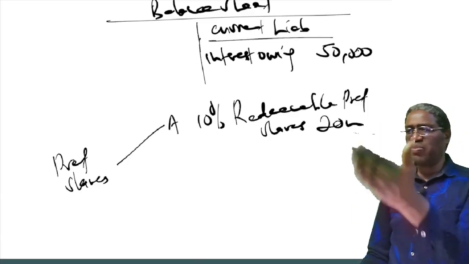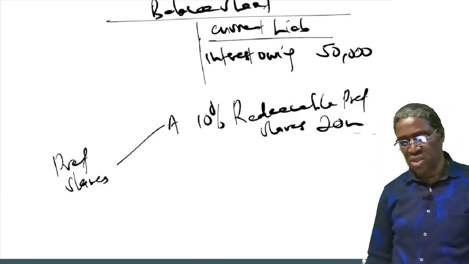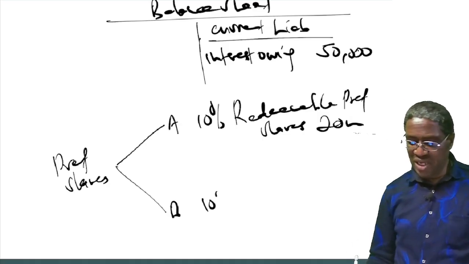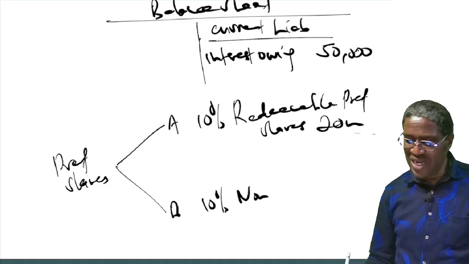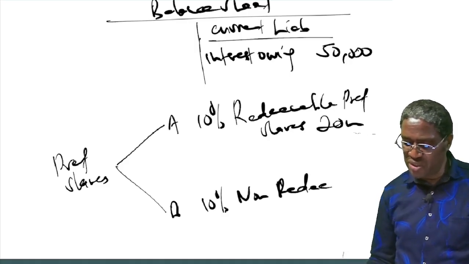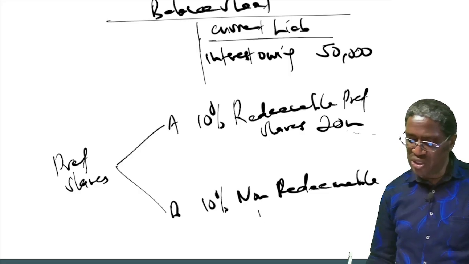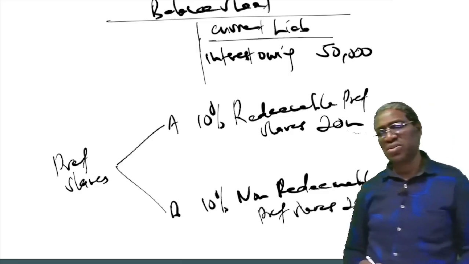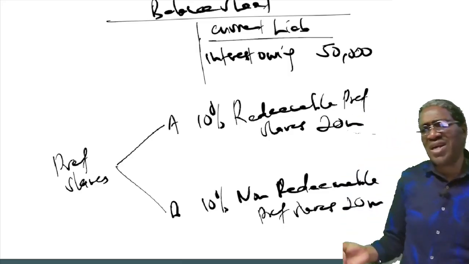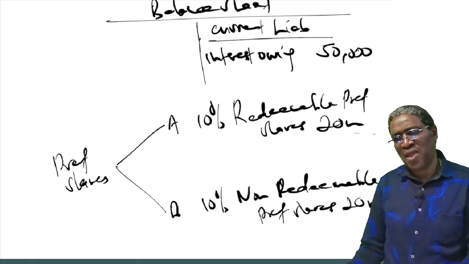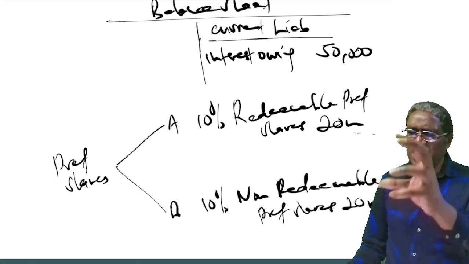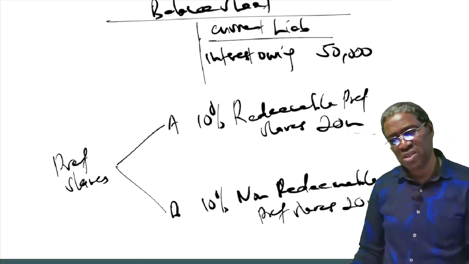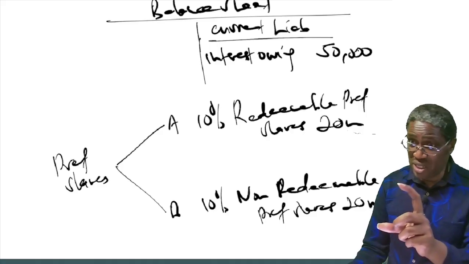Another company B, the same 10 years ago, decided to issue a 10% non-redeemable preference shares, again amounting to 20 million. So both companies are raising 20 million from preference shares. But first we have to ask ourselves, what's the difference between the redeemable preference share and the non-redeemable preference share? And we said this, listen.